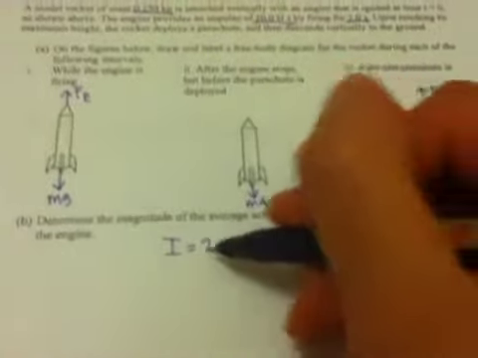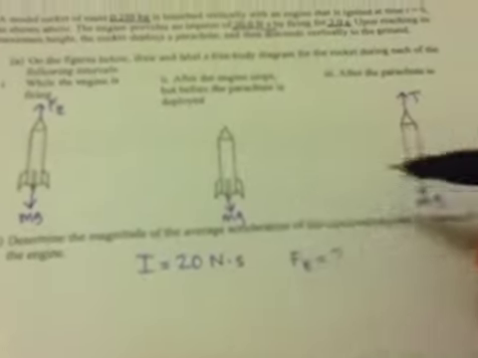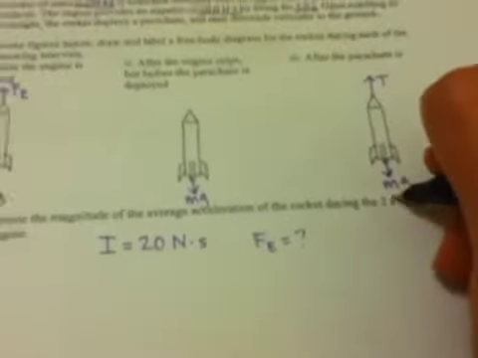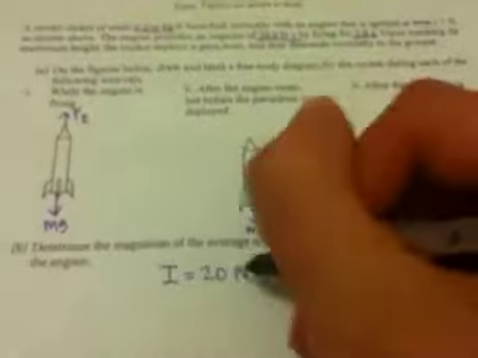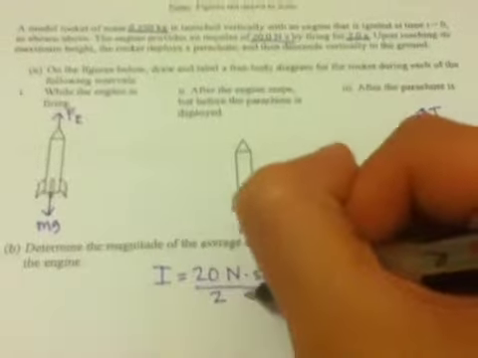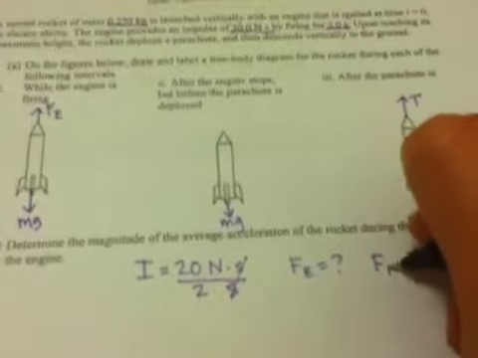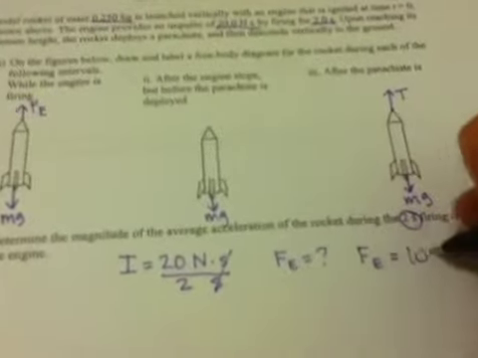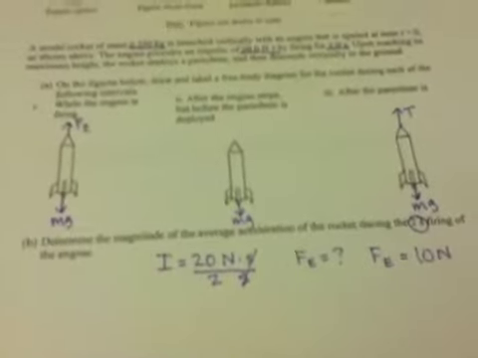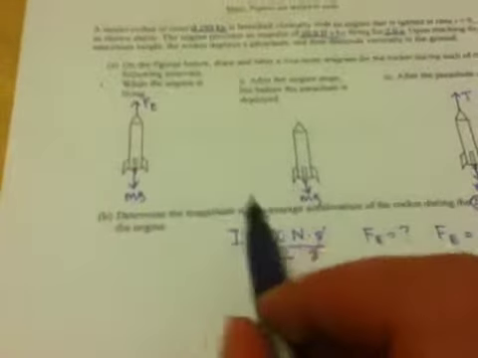We need to figure out, okay, so how are we going to get that from this? And we see that we have got a time of 2 seconds, and so let's divide this by 2 seconds. And we see that our seconds go away, and we end up with the force of the engine equaling 10 newtons.